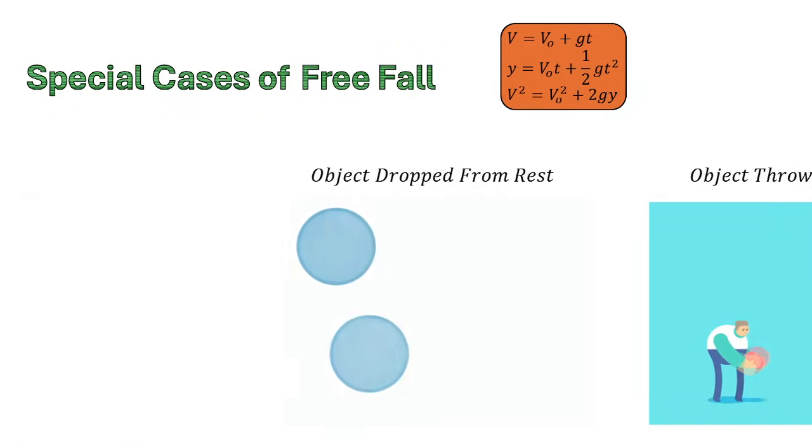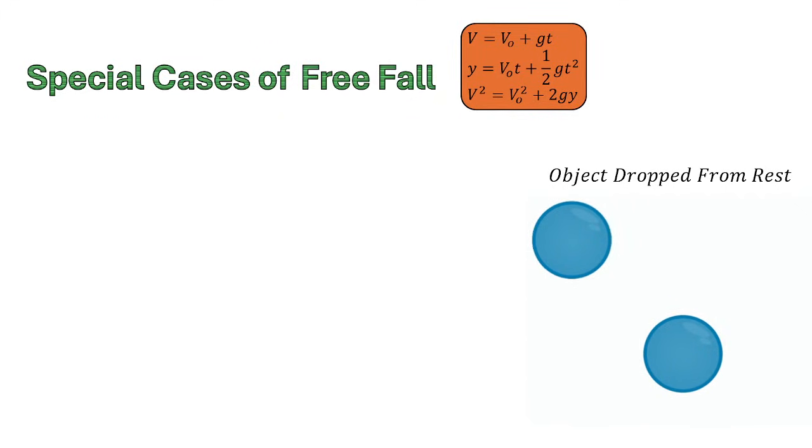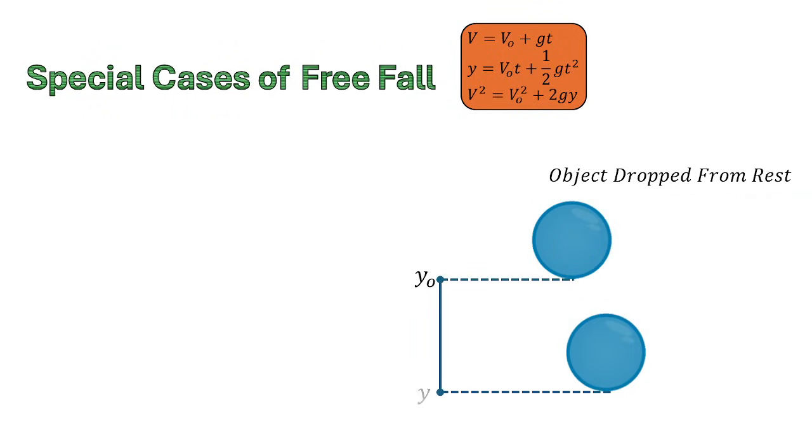Okay, so let's start with our object from rest. I will mark the beginning of our object, and I will mark the end. Let us say that this is y naught, or initial y, and the final y be y, and this is the change in y.